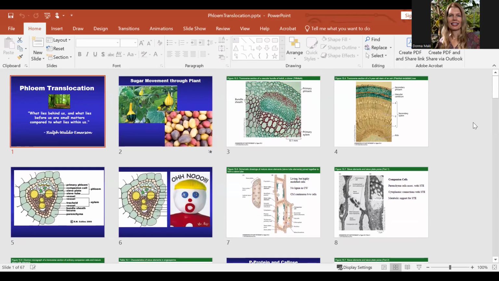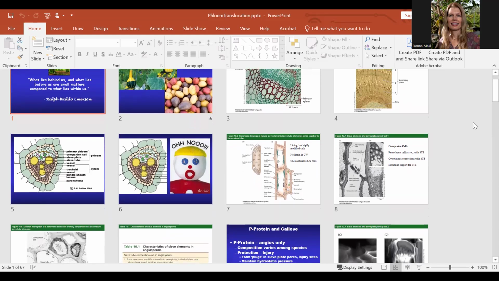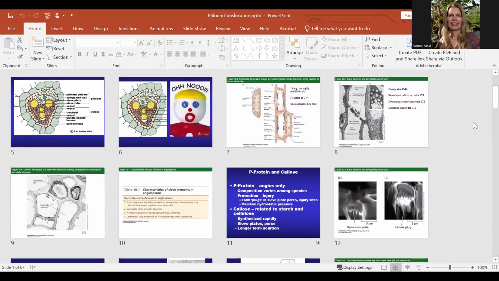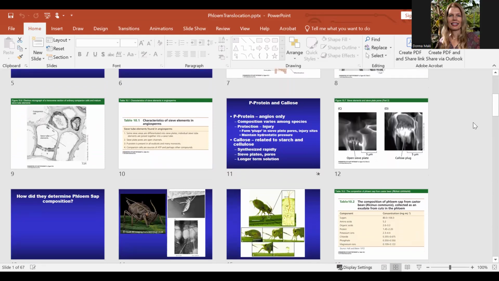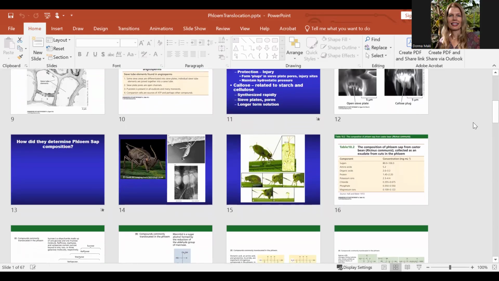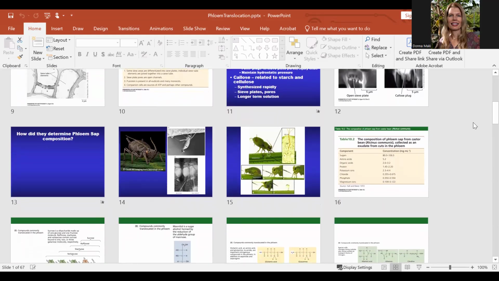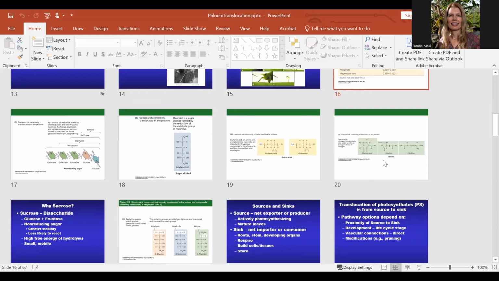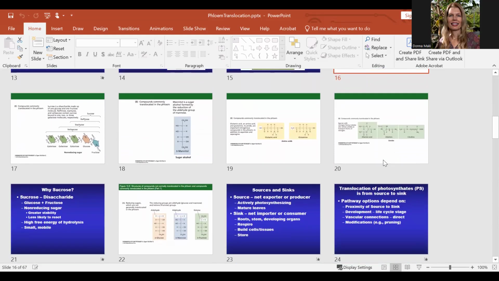So knowing where it takes place, vascular tissue, what parts of the vascular tissue, and what are some of the major components. We looked at certainly sucrose is the number one, but that there can be some other things. It's not just sucrose. We looked at why they think sucrose is the molecule that's actually transported when there's lots of other options out there for what kind of sugar could get transported.